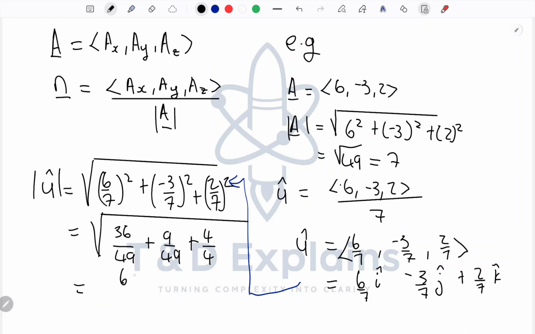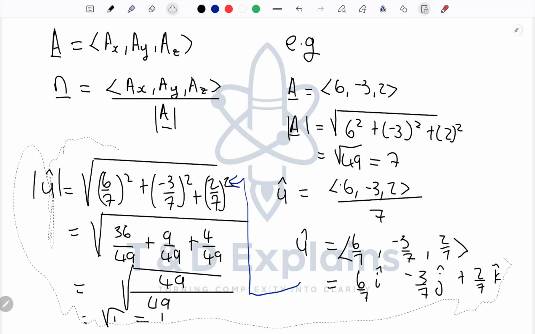Because we have the same denominator of 49, I'm going to add everything. 9 plus 4 is 13, plus 36 gives me 49. I put everything under a square root and get the square root of 1, which is ultimately 1. So yes, it's a unit vector. A unit vector has magnitude of 1.